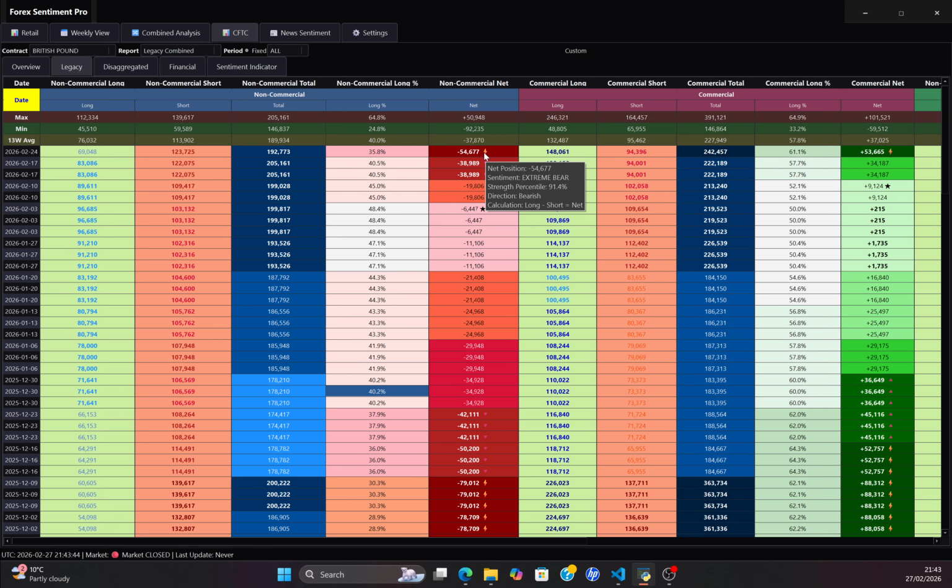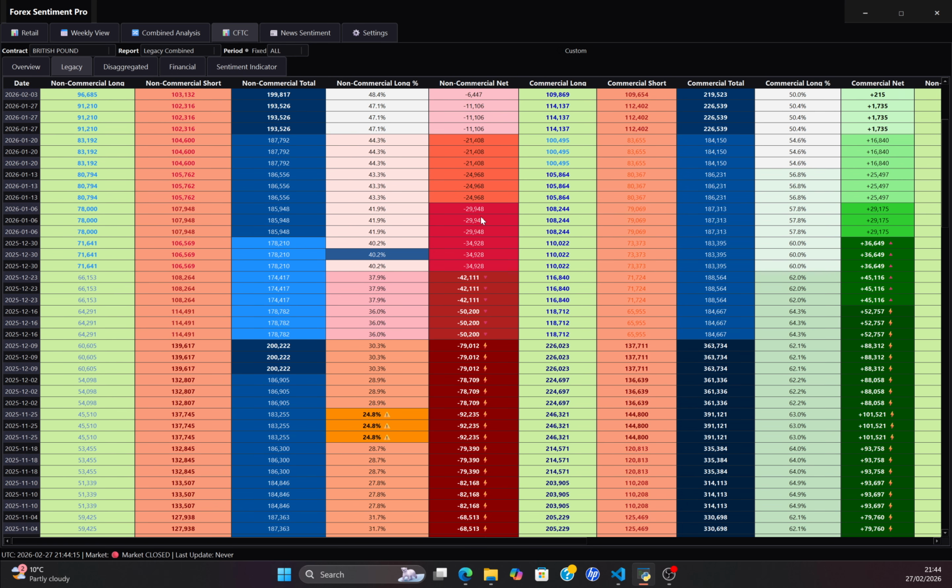And then the net column, which is the net positions, is summarized for you. What is the sentiment? What is the strength? What is the direction? And what is the calculation behind these numbers? How have these numbers been calculated? And all these charts, be careful about these. I'll be explaining a lot with trade examples, how to combine all this together.